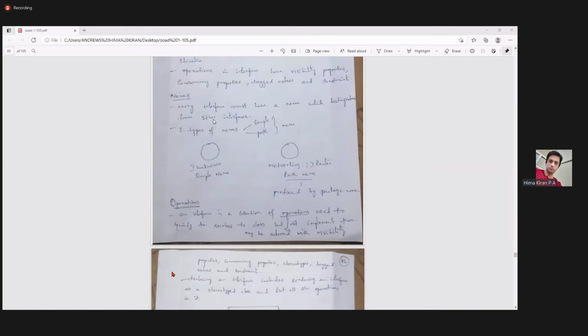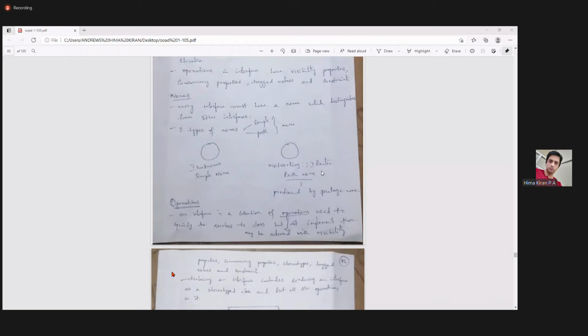Either it is an actor or a class or an interface or a state machine or an activity node or a component or a deployment node, whatever it may be, each and every part which we represent in the model has to be different from one another. For example, two types of names exist. The first one is the simple name and the second one is the path name. The first representation explains the simple name, which means no prefix or suffix is there.